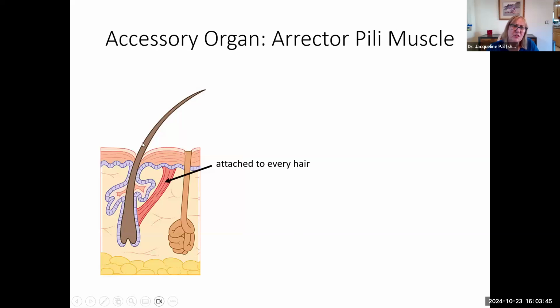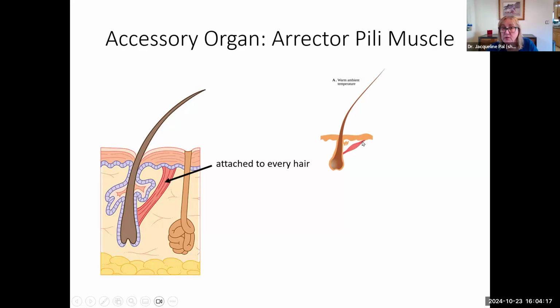All right, now, did you know that every single hair in your body is attached to a muscle, which is attached to your skin? And this muscle is called the arrector pili muscle. Now, normally, this muscle is relaxed. And because it's relaxed and you're warm, your hair falls down slightly.